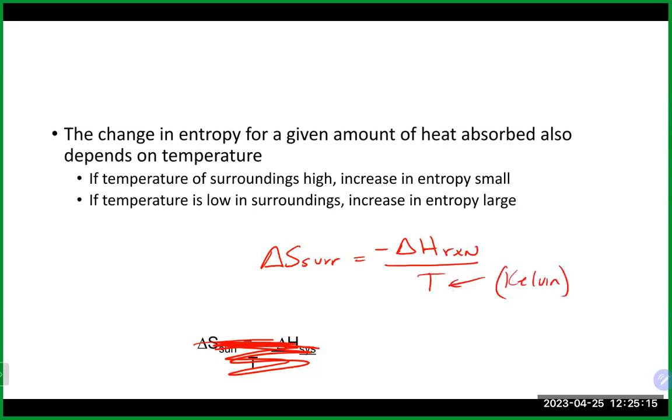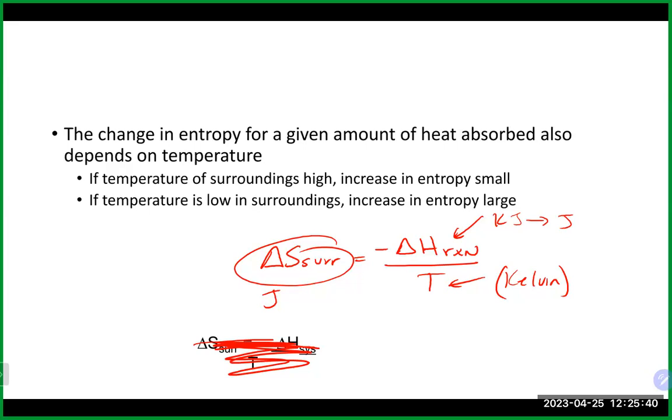Obviously, it needs to be in Kelvin. Remember that delta H will probably be in kilojoules. You may want to convert it to joules so that your surroundings end up in joules, but keep units in mind so that you don't end up in the wrong unit when you go to add things together.